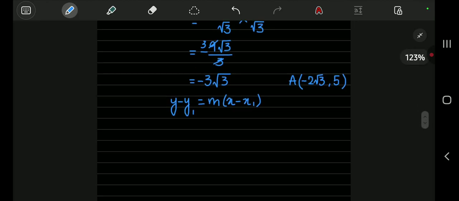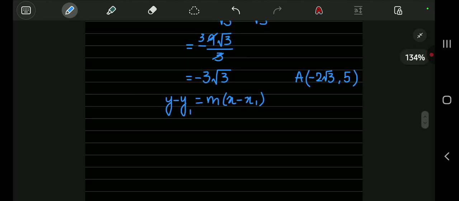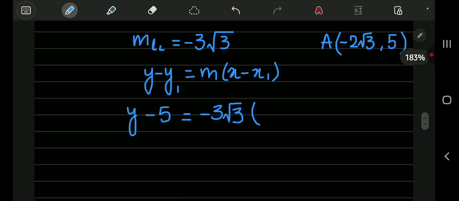So let's substitute that. So y minus 5 equals minus 3 root 3 times x minus of minus 2 root 3.